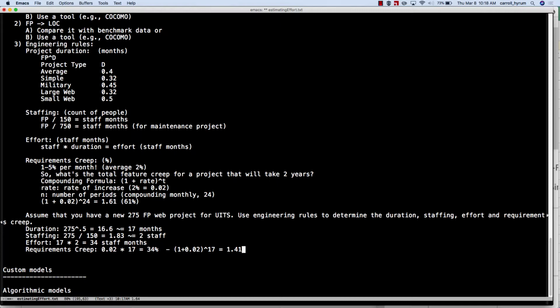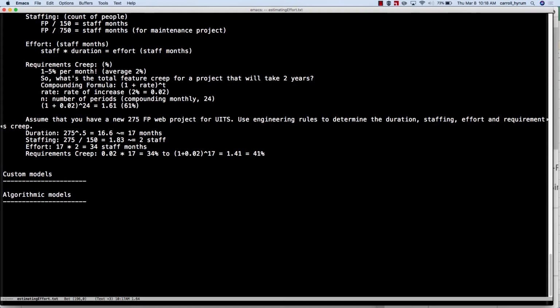Well, 1.41 equals 41%. This was not meant to be a negative, this was meant to be a range too. It depends if you're going off a strictly linear or if you're compounding it. So you could expect 34 to 41% increase in requirements. That's huge. Okay.